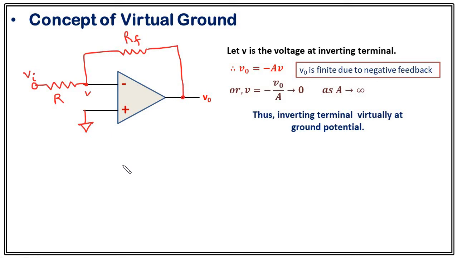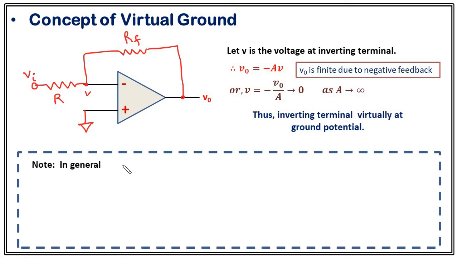But if you think of the whole scenario in a broader perspective, more generally, let's assume that the voltage in the feedback network at the inverting terminal is V inverting and at the non-inverting terminal is V non-inverting. Therefore, V output is equal to A times the difference in voltages, right?